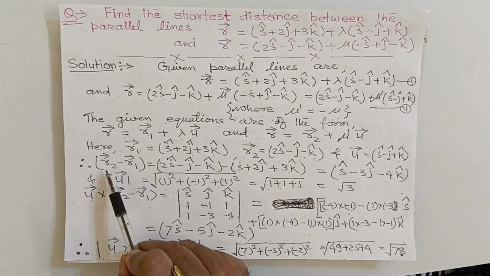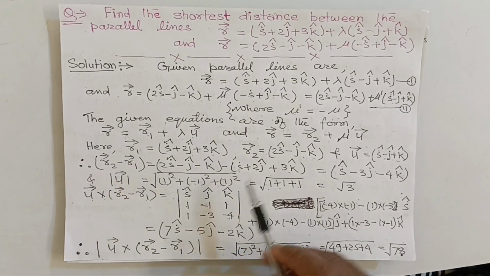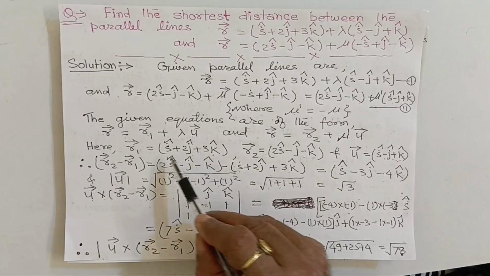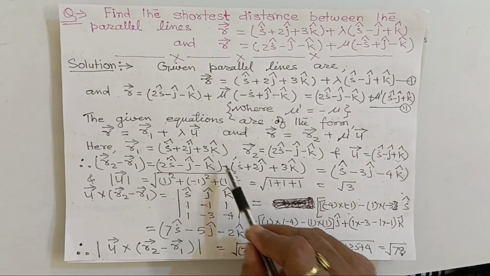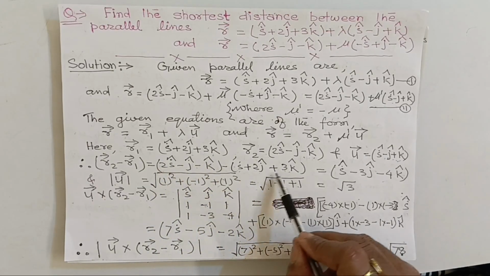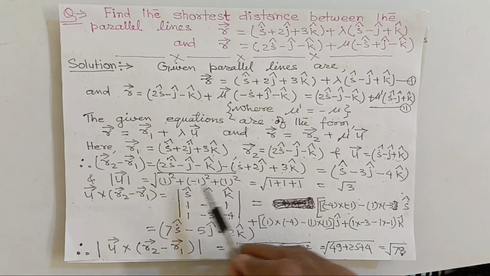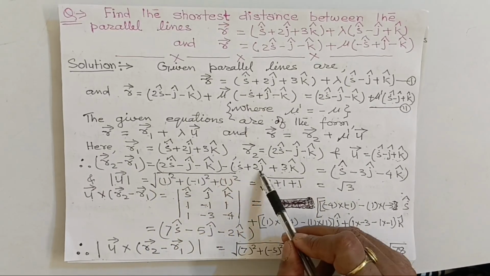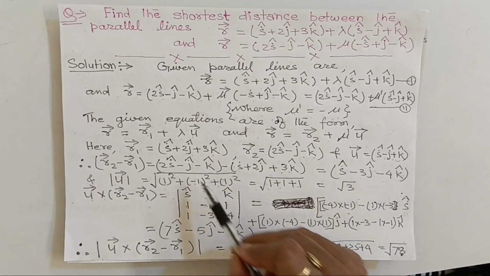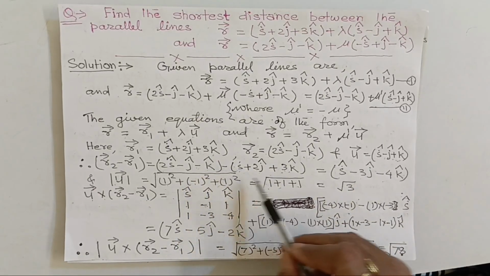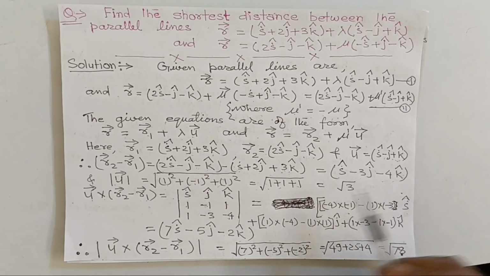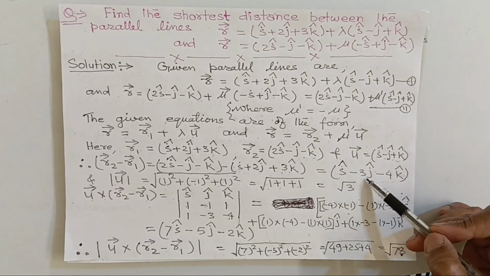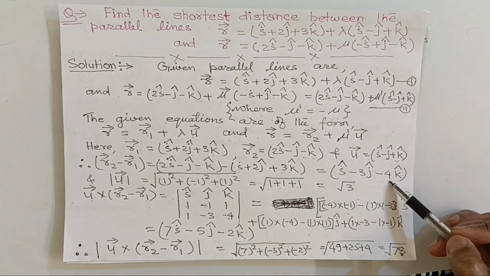Therefore, vector r2 minus vector r1 is equal to (2i minus j minus k) minus (i plus 2j plus 3k). So 2i minus i is i, minus j minus 2j is minus 3j, minus k minus 3k is minus 4k. Vector r2 minus vector r1 is equal to i minus 3j minus 4k.